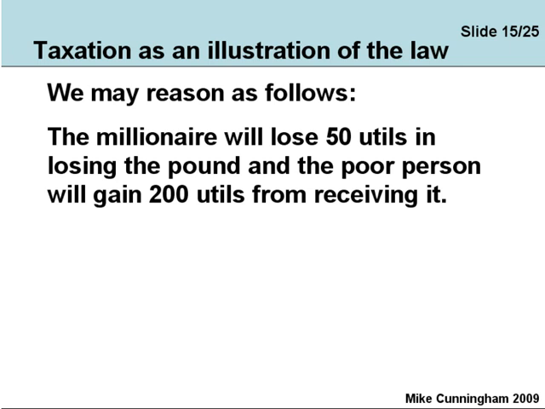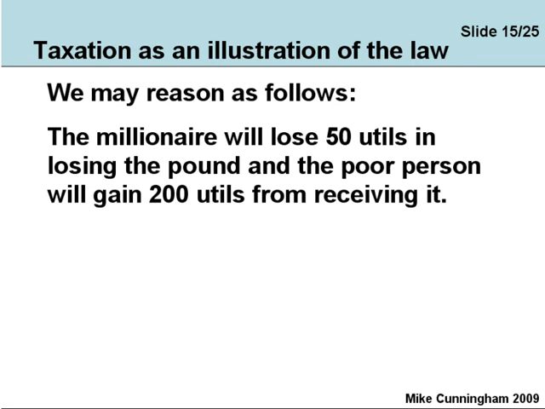We may reason as follows. The millionaire will lose 50 utils because the millionaire has got a lot of money. So the pleasure from that £1 is very small. The more you have of something, the less pleasure the last unit gives you. So, taking £1 away from the millionaire hardly notices it, only loses a very small amount of utility, a very small amount of pleasure by being £1 poorer.